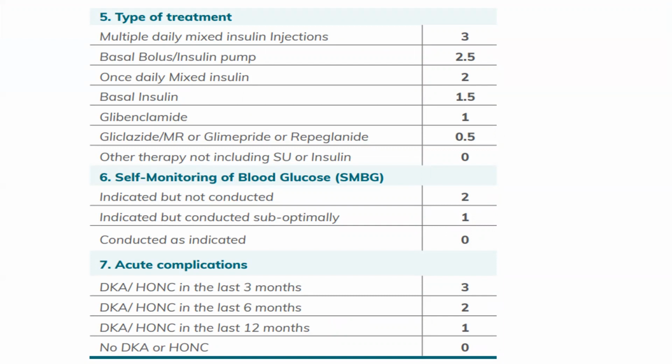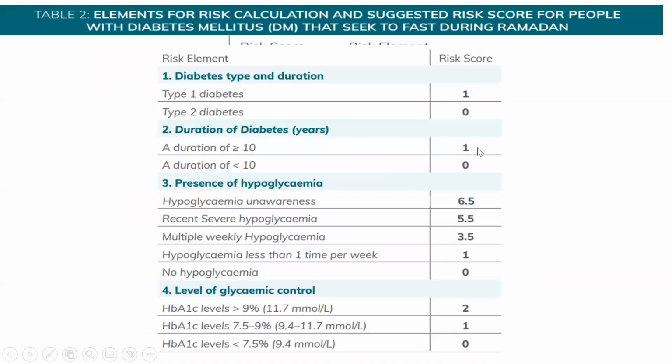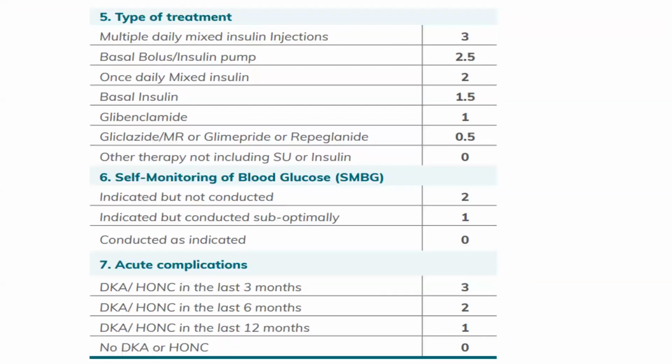The duration of diabetes was around 2 months, and the patient was started on a combination of metformin and SGLT2 inhibitor, so again that will be 0. So far we have 0 plus 0 plus 2 plus 0, so here we have a risk element score of 2.